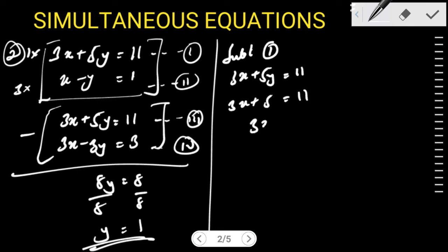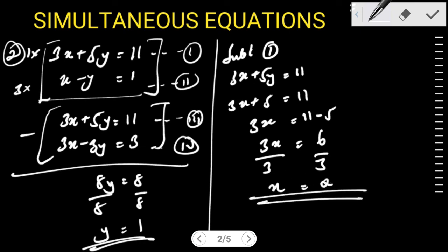Therefore 3x would be equals to 11 minus 5, of which 3x would be equals to 6. So all over 3, x would be equals to 2 in this case. So you find that this is by elimination method.